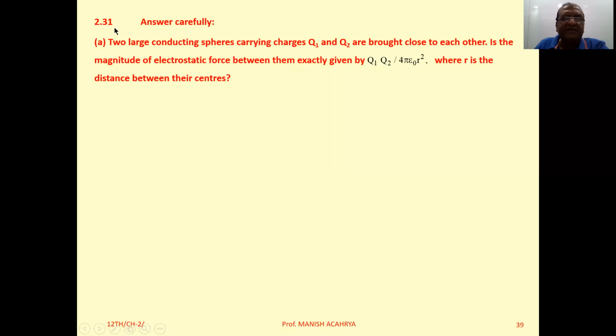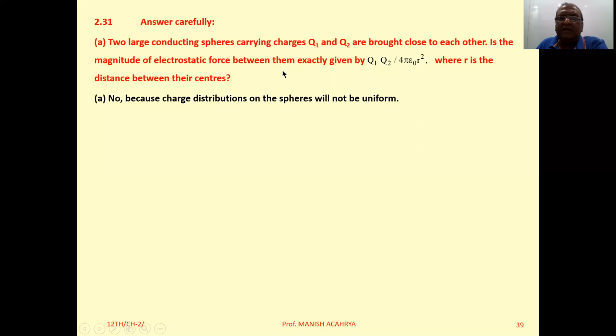Example 2.31. Answer carefully. A. Two large conducting spheres carrying charges Q1 and Q2 are brought close to each other. Is the magnitude of electrostatic force between them exactly given by Q1 Q2 upon 4 pi epsilon 0 R square, where R is the distance between their centers?